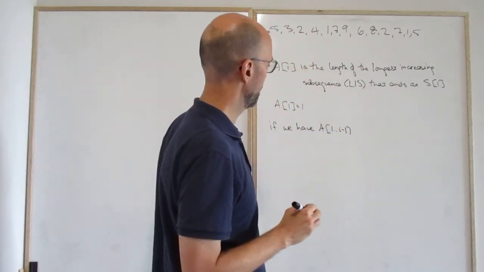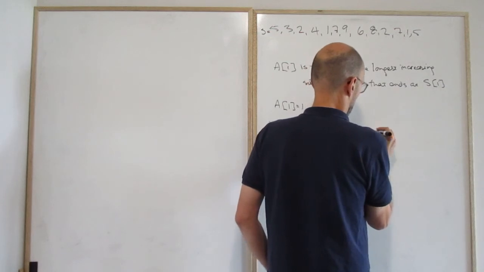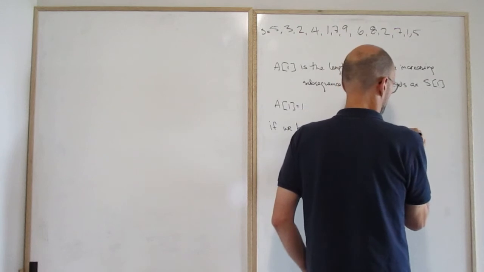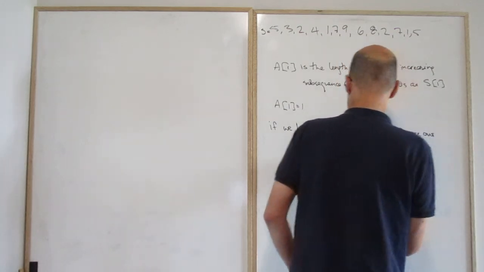I don't think we even needed this as a special case. How do we figure out A_i?